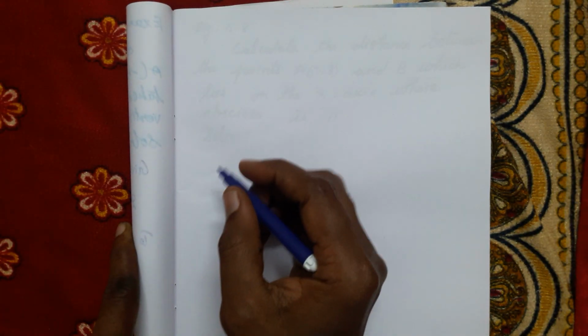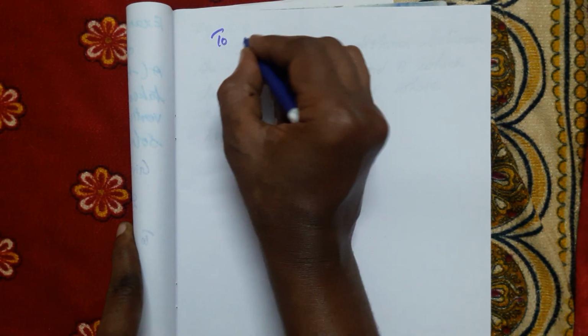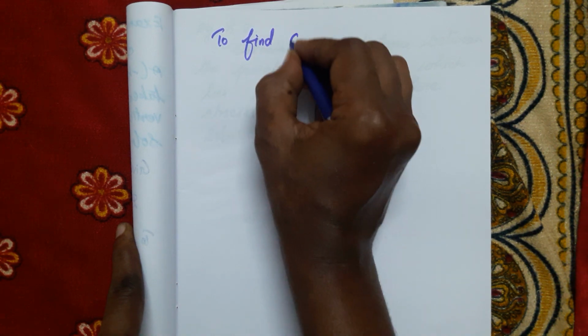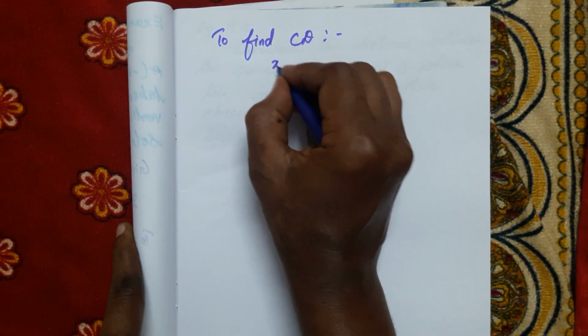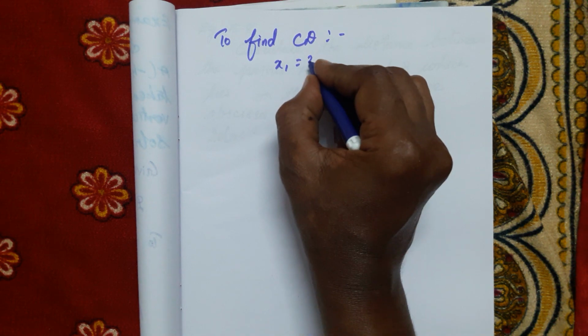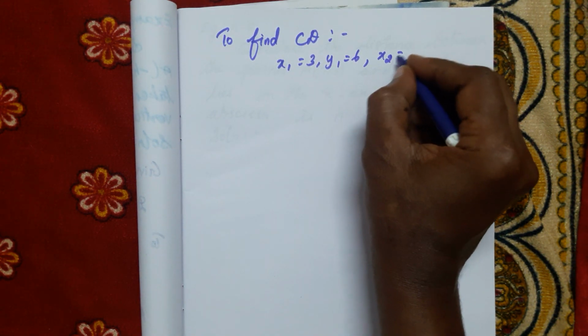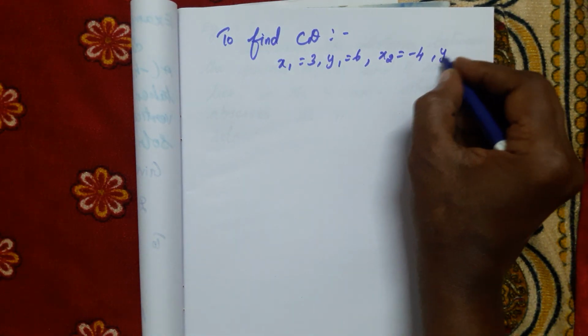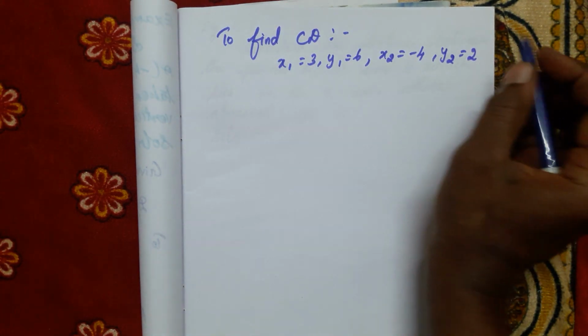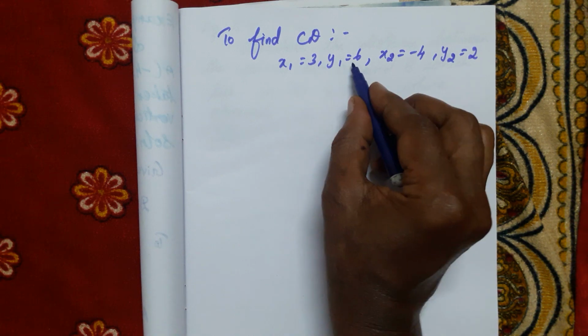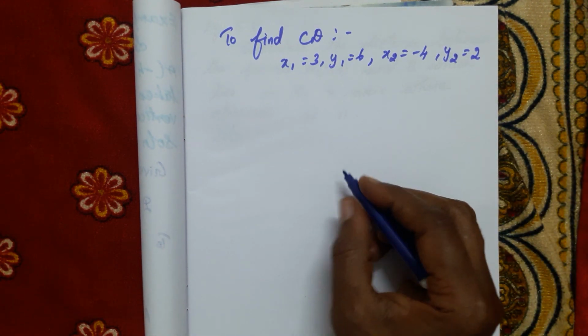Then we want to find out CD. To find CD, x1 is equal to 3, y1 is equal to 6, x2 is equal to -4, y2 is equal to 2. C is x1, y1. D is x2, y2.